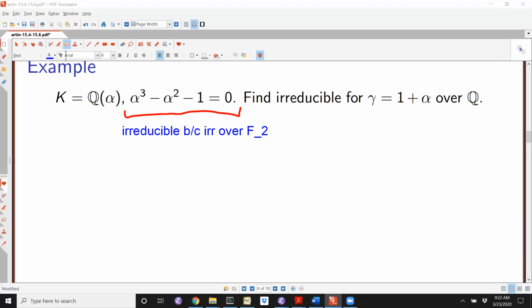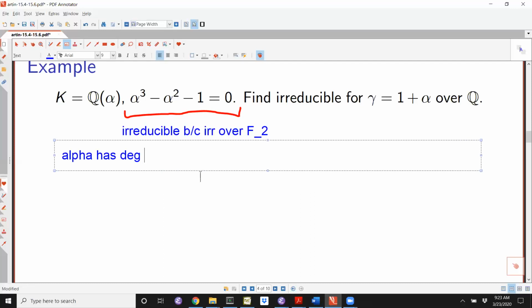We know that alpha has degree 3 over Q, so Q of alpha has dimension 3 over Q.